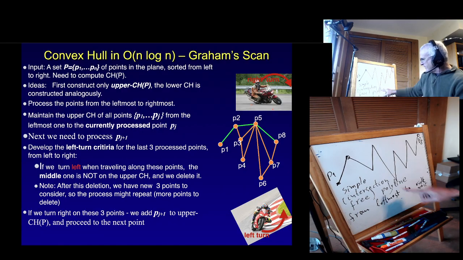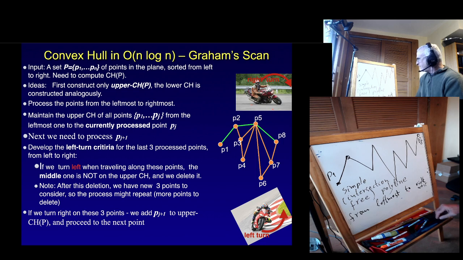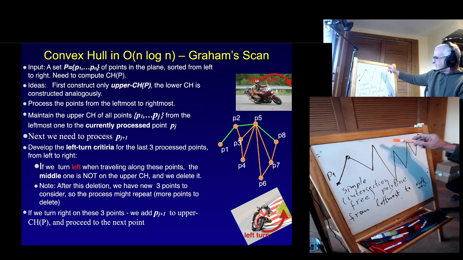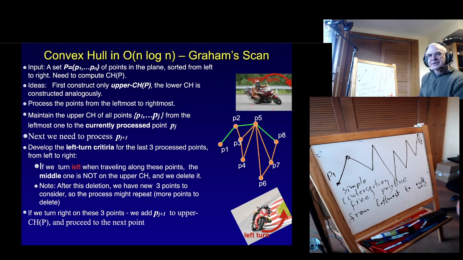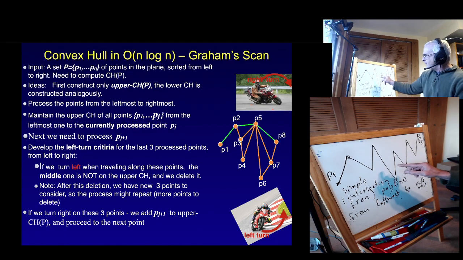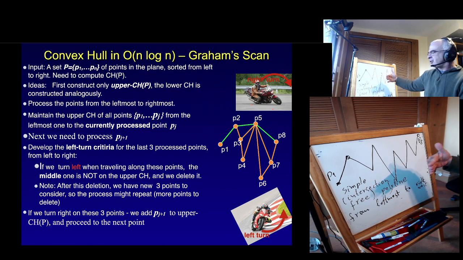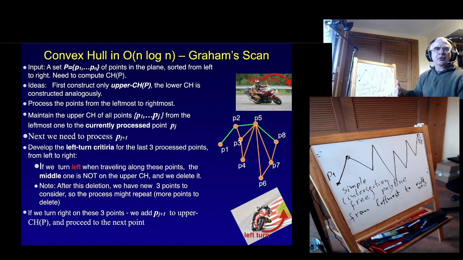Let's think about every such polygonal line, and as I'm walking along this polygonal line, you don't know ahead of time which points are on the upper convex hull and which points are on the lower convex hull. So I'm not telling you anything positive about a point that for sure will be in the upper convex hull.